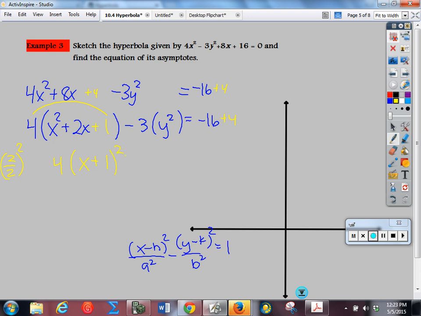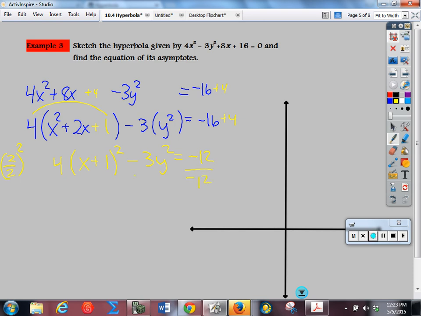Now this is a problem that I wasn't liking. It's a negative 12. I don't want a negative 12. How am I going to get rid of a negative 12? I need it to be a 1, so divide by negative 12. So this part actually becomes the positive part, right?